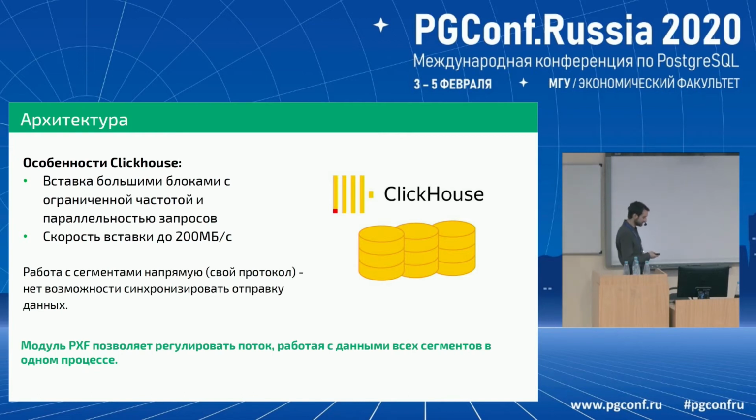When it comes to ClickHouse, it has some special features: you can insert big blocks with limited frequency and concurrency of queries, and the speed of insert is up to 200 megabytes per second. One of the requirements was to regulate the speed somehow.